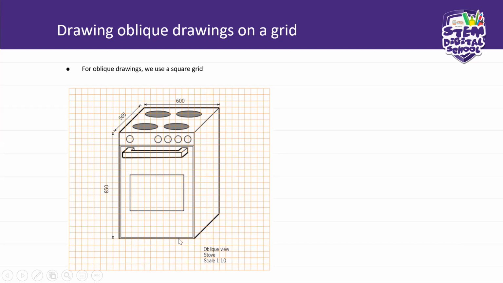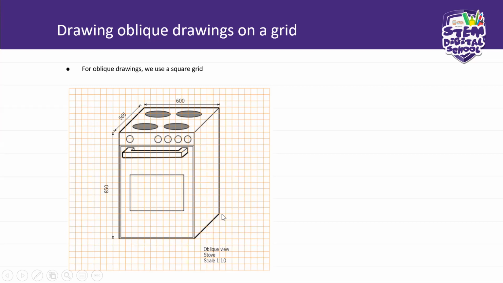You can even use your ruler, but an advantage of the grid is that you can draw freehand, because you don't have to use your instruments that much. You know that you're going to get an angle of 45 degrees if you draw from corner to corner of each and every square.